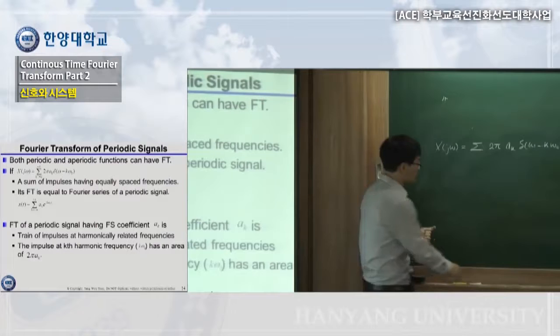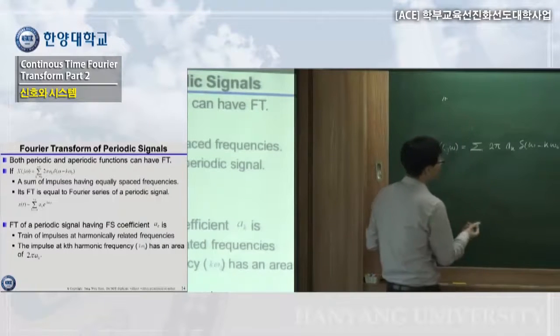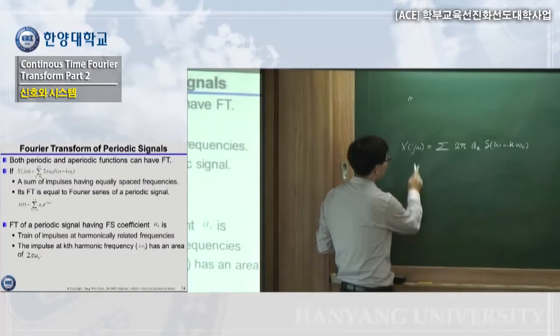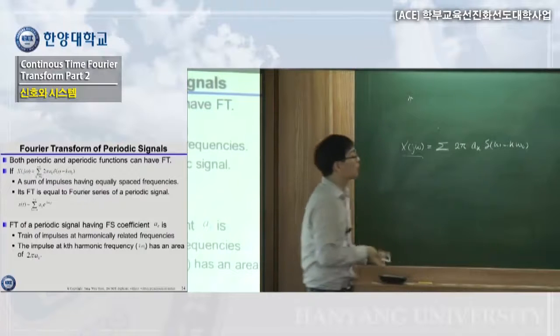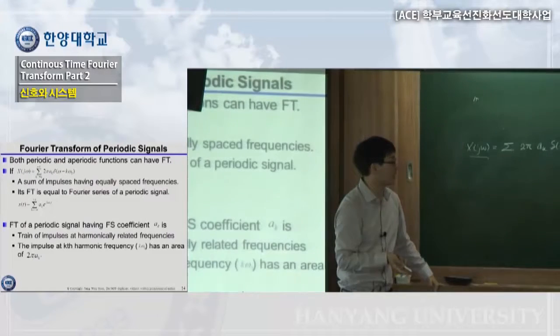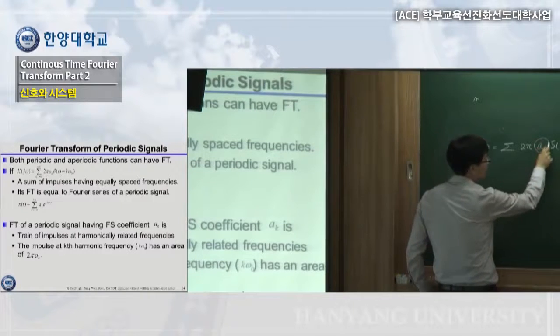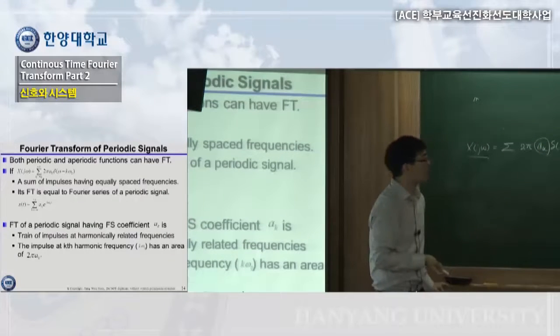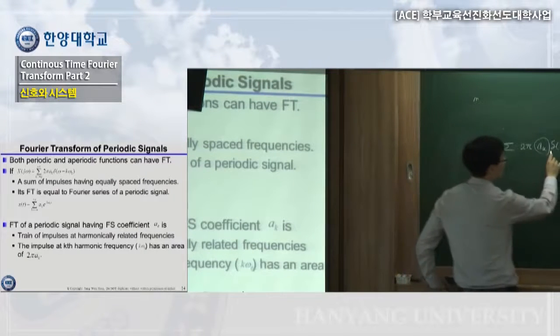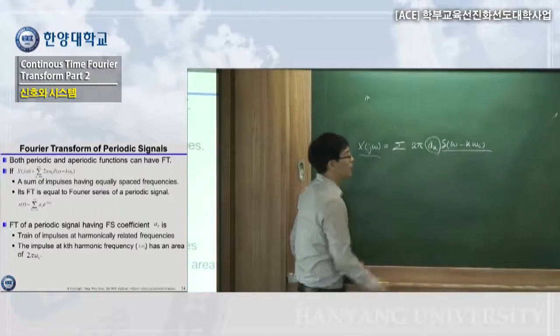This can be viewed as having an amplitude of 2 pi AK times the sequence of impulses.